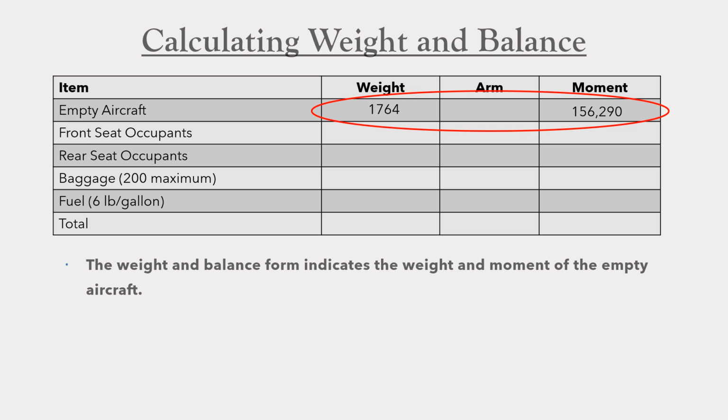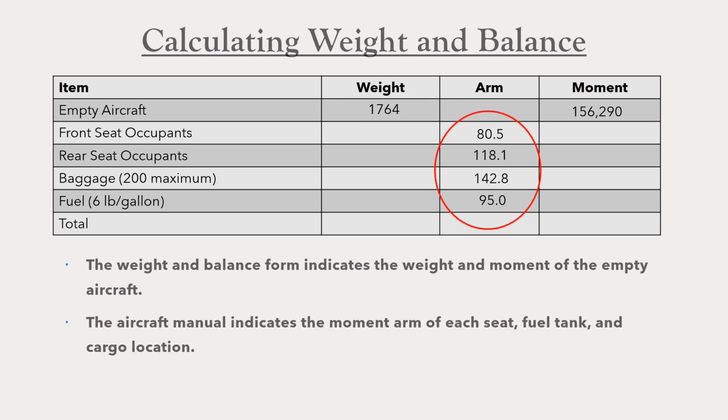And you have to do the multiplication. You have to multiply the weight times the arm to get the moment. The arm for the other weight locations is in the pilot's operating handbook. So this is the location of these different loading locations.